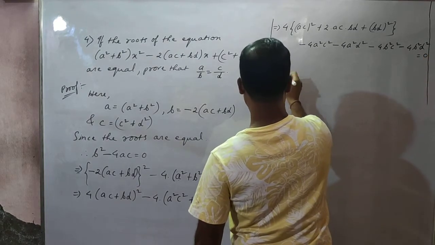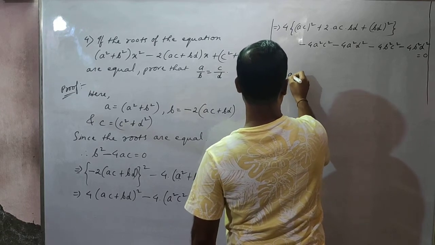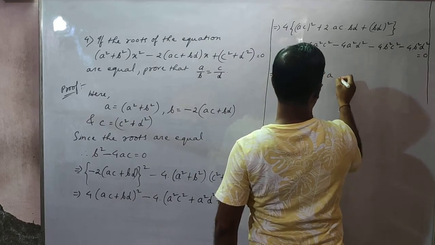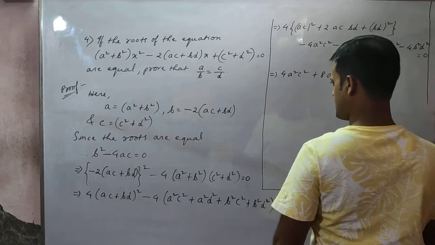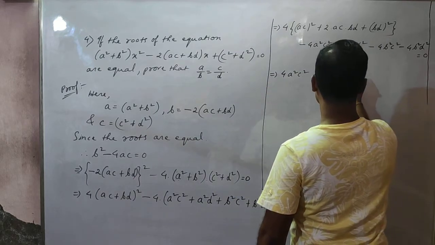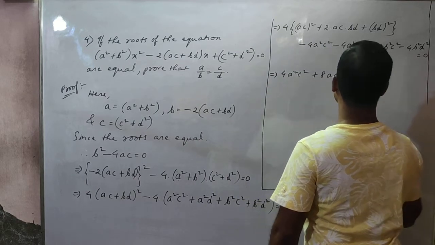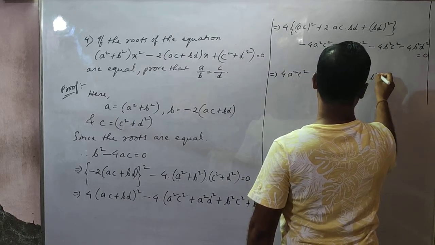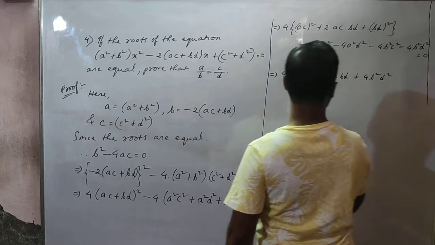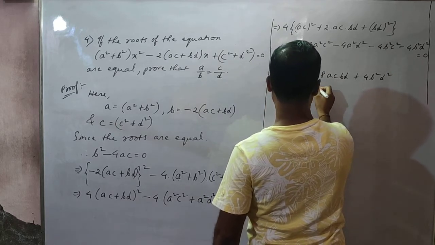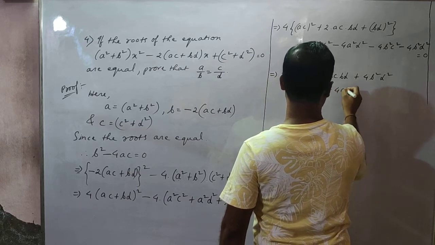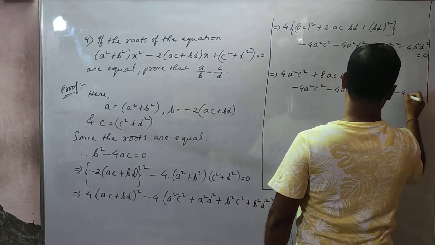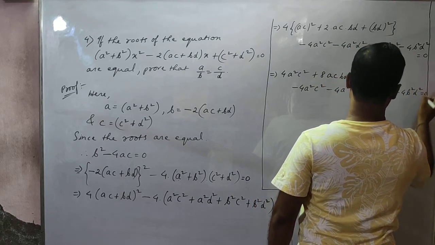Okay, so now with 4 I am multiplying. 4 a square c square, 8 ac bd, plus 4 b square d square, minus 4 a square c square, minus 4 a square d square, minus 4 b square c square, minus 4 b square d square equal to 0.